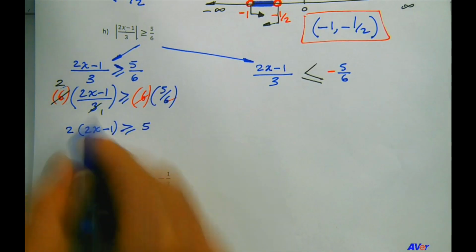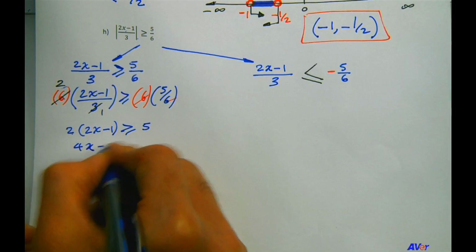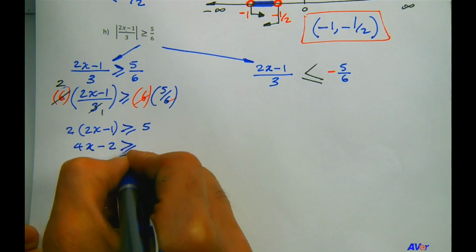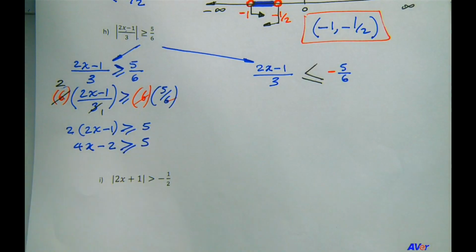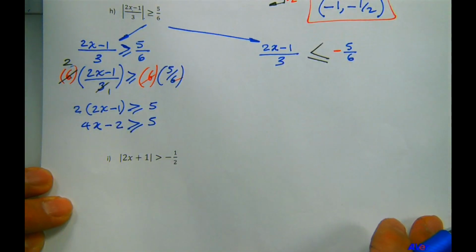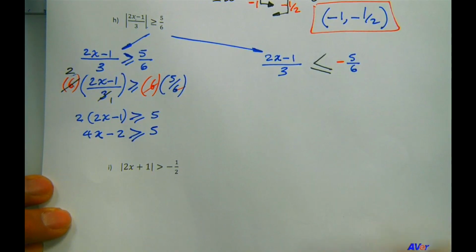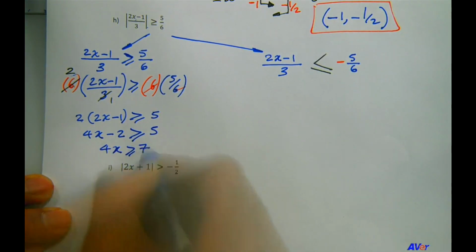So let's distribute. 2 times 2x is 4x. 2 times minus 1 is minus 2. Greater than or equal to 5. So this is a linear inequality, right? We can easily solve this. So let's write that down. So we have 4x greater than or equal to 7, right?